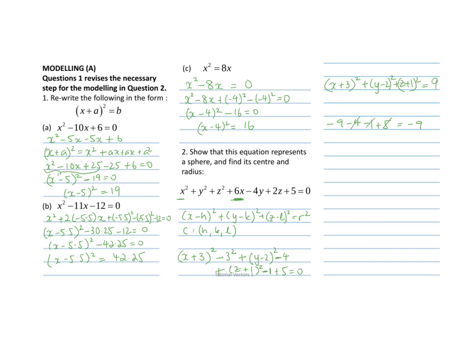We get 9. This means the centre of the sphere is (−3, 2, −1). And the radius of the sphere is the square root of 9, which is equal to 3 units. Okay, let's move on.